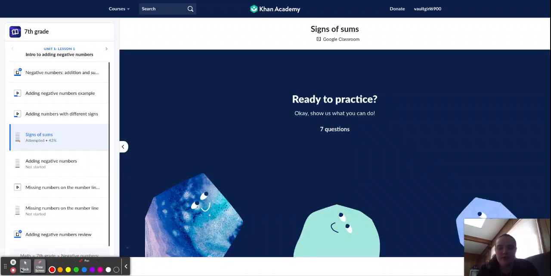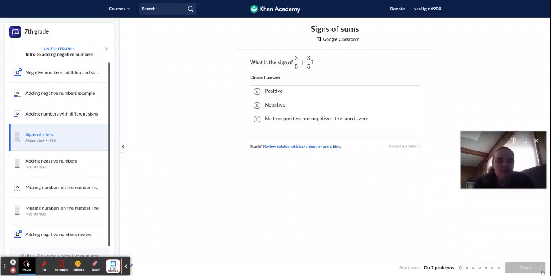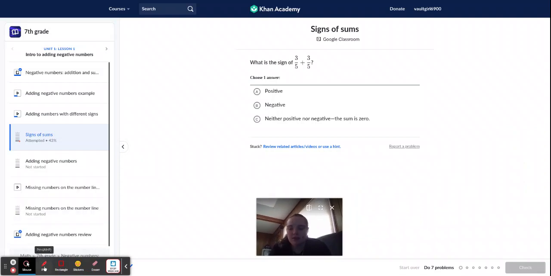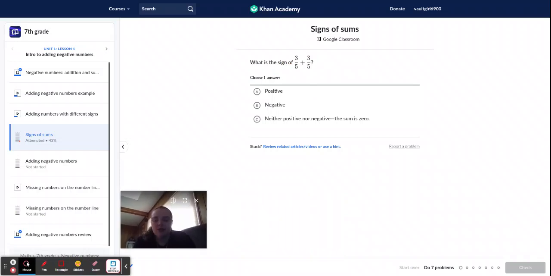Okay, so we have 7 questions in the set. Okay, so the question we are given is, what is the sign of 3 over 5 plus 3 over 5? Now something that we can do is we can review a related article or use a hint.